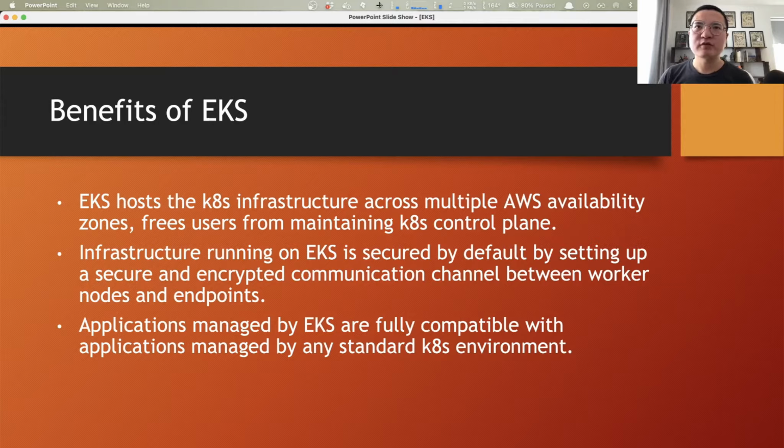What's more, infrastructure running on EKS is secured by default by setting up a secure and encrypted communication channel between worker nodes and endpoints. And applications managed by EKS are fully compatible with applications managed by any standard Kubernetes environment.